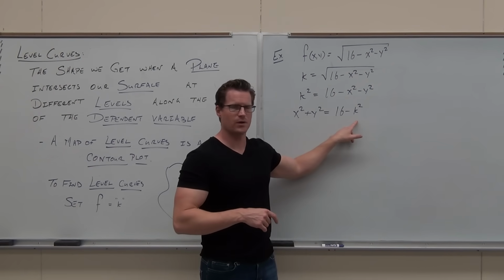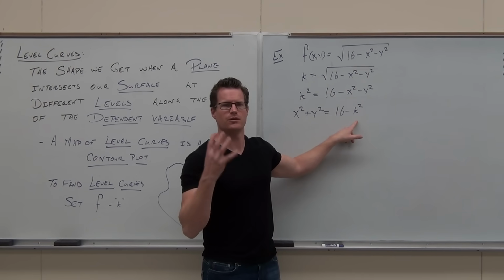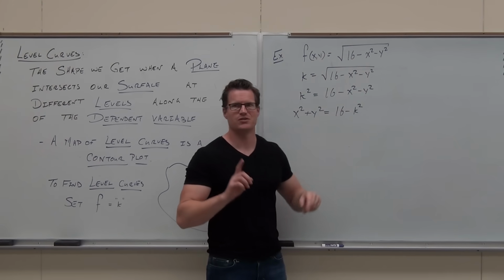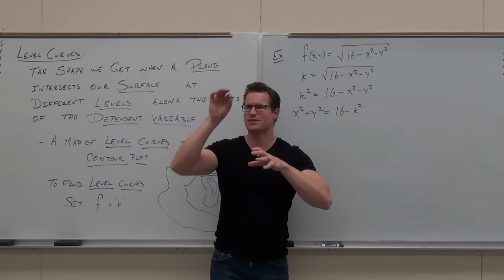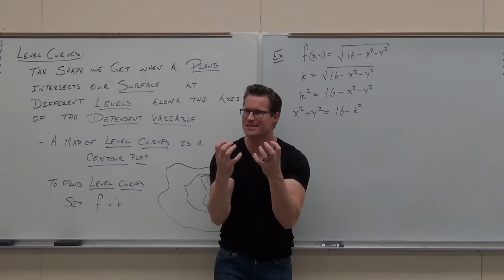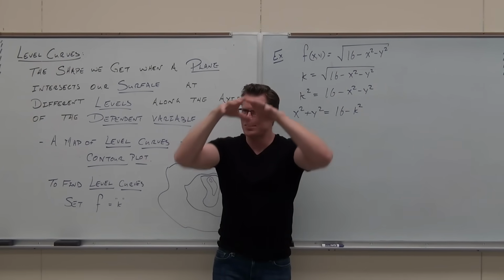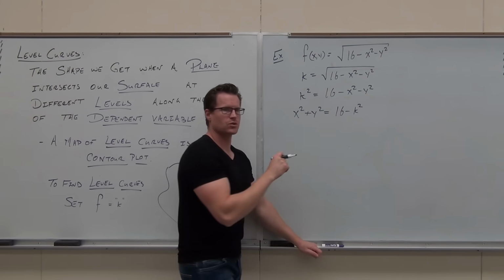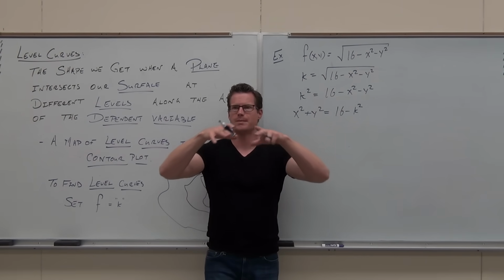What's the highest I could go, by the way? 4. Because if I went to 4, it's shifted up 4. It's got a z-intercept of 4. That's the top of our ellipsoid right there. It should be making sense. It should be cohesive to you. Do you guys see it? You picture it? It's kind of cool, man. So what these things are, circles that are getting smaller as we're climbing higher.